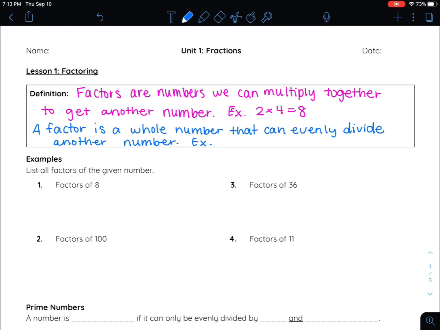Say that the number that I'm starting with is 12. If I want to use the number 6, is there a number that I can multiply by 6 to get 12? Yes, it's 2. So you could say that 12 divided by 6 gives us 2, meaning that 6 is a factor of 12 because 6 evenly divides 12, and then you just get the number 2, okay?